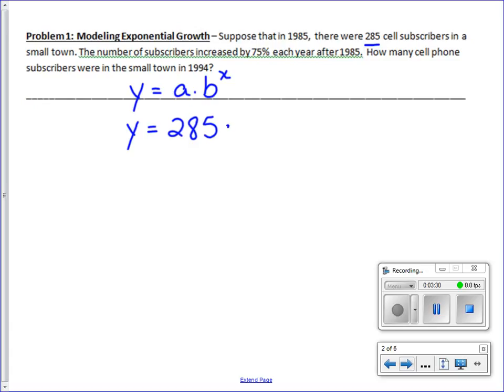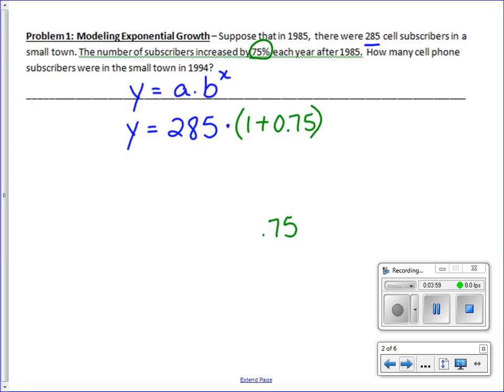Now, we're told that they're going to increase by 75%. 75% expressed as a decimal is 0.75. So remember, we have to take 1 plus 0.75, and then we're going to raise it to the power of x.